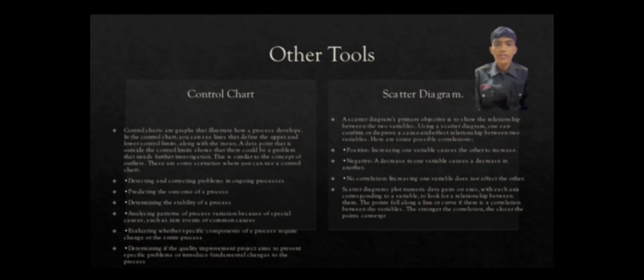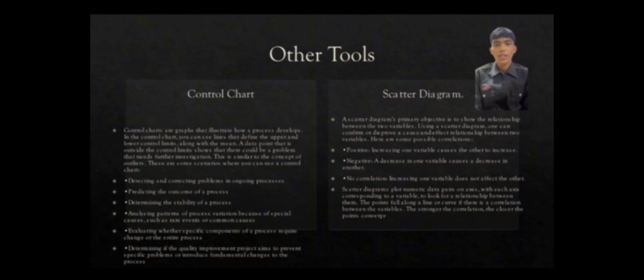Next, another tool is the scatter diagram. A scatter diagram's primary objective is to show the relationship between two variables. Using a scatter diagram, one can confirm or disprove a cause-and-effect relationship between two variables. Here are some possible correlations.